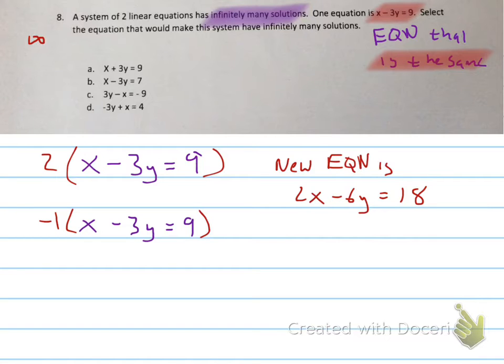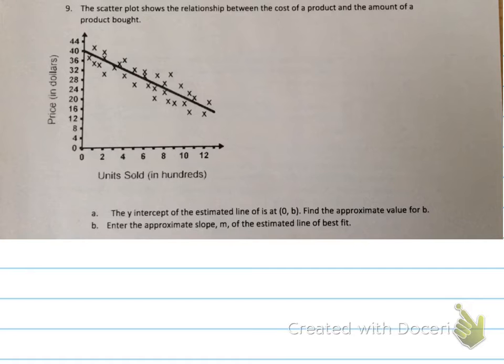Alright, so let's move on and look at one of the other problems here. This one, again, we've looked at quite a few times. I hope we're getting used to this. b is right here, so there's my b. y equals mx plus b.